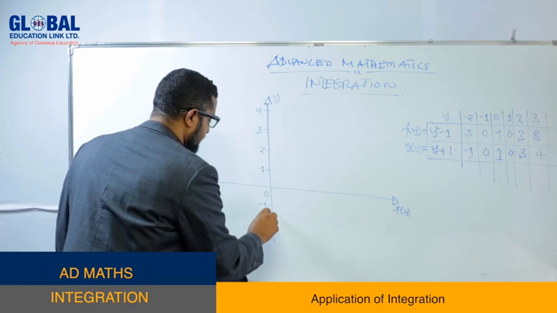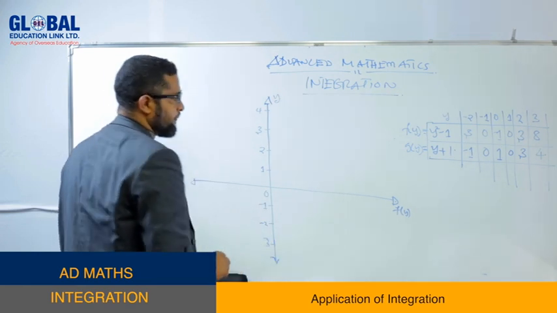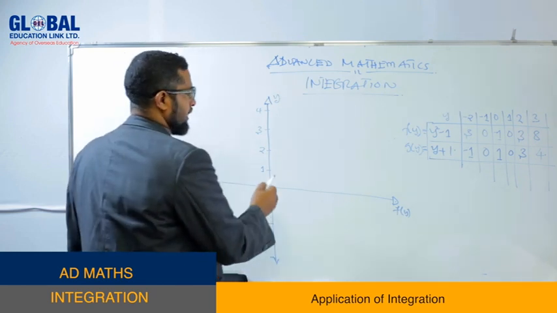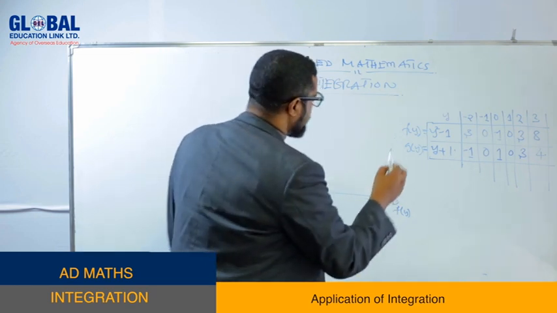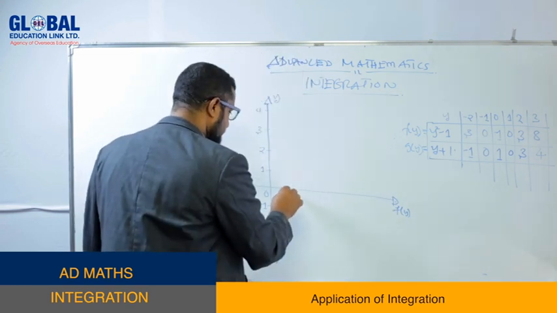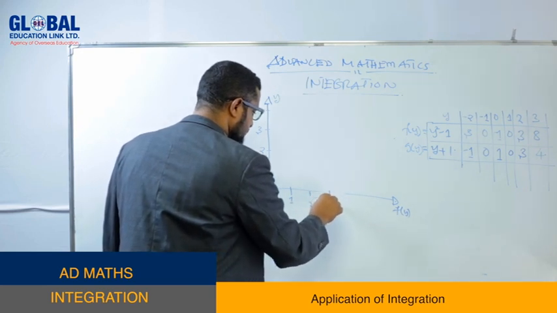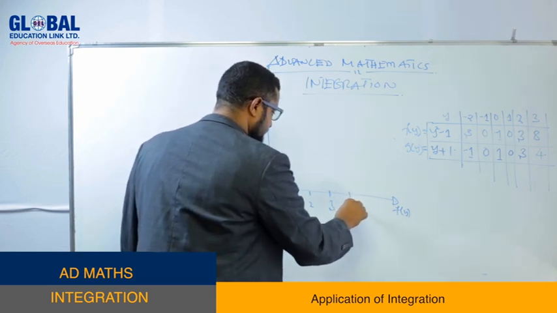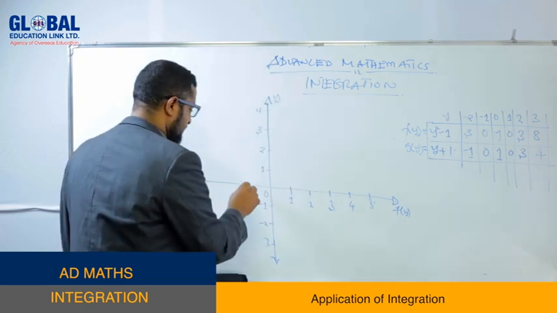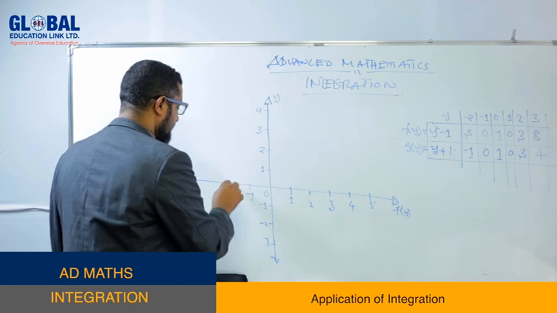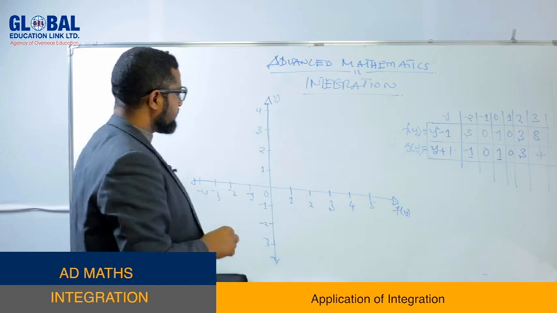So here is negative 1, negative 2, negative 3. Now let's check again on this side. We have up to positive 8. So we say here we have 1, 2, 3, 4, 5. Then 8 will be somewhere there. Then negative 1, negative 2, negative 3, negative 4.